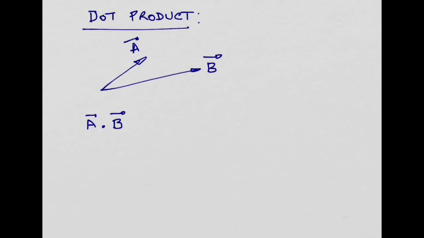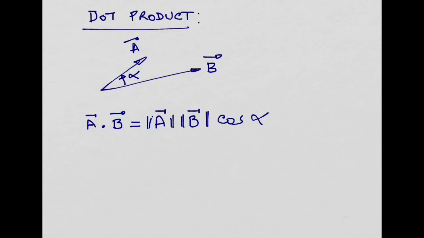Okay? That's why we call this dot product. And the result of this dot product is going to be a scalar, not a vector. Okay? This is very, very, very important. And that scalar is given by the norm or the intensity of vector A times the norm of vector B times the cosine of the angle between these two vectors, this angle alpha.